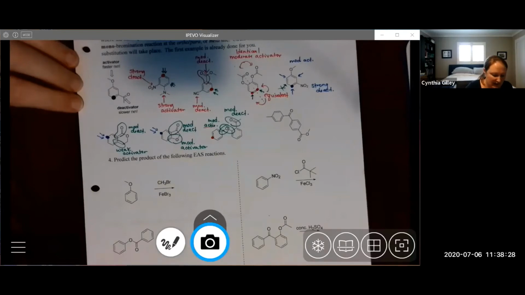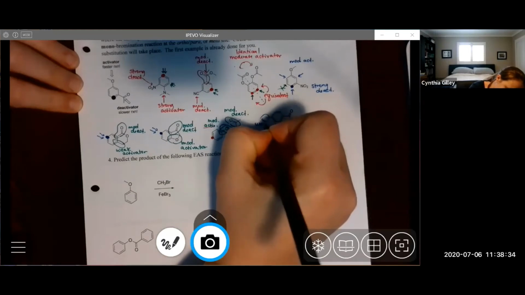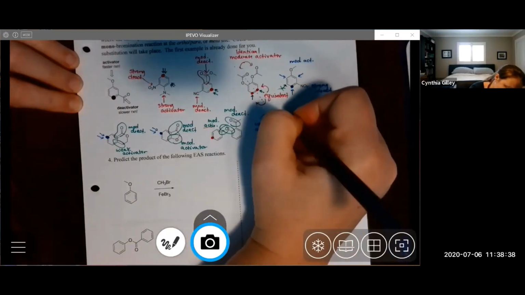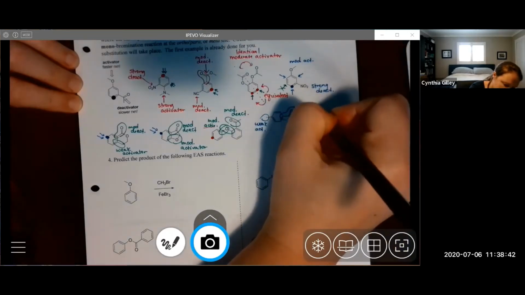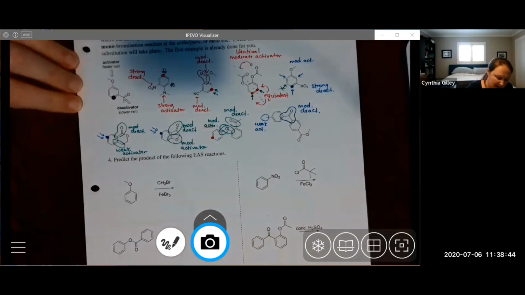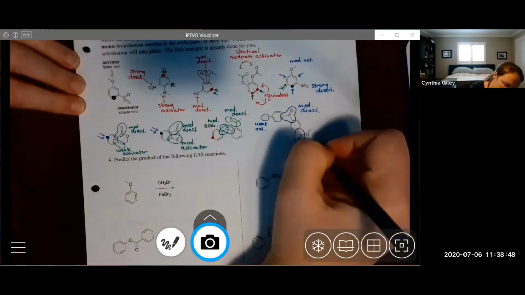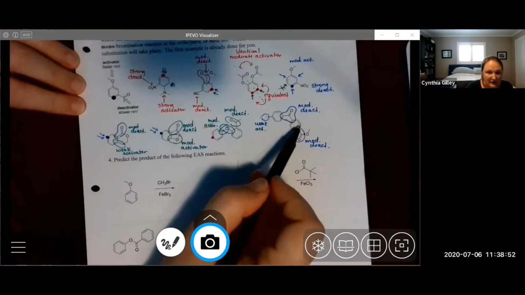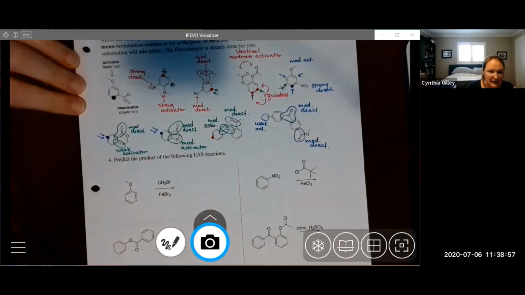And same thing here. Now we have two rings. This one has a weak activator. This is going to be a moderate deactivator to both rings. And then now we have another moderate deactivator. So this ring has two moderate deactivators, whereas this ring has a moderate deactivator and a weak activator.